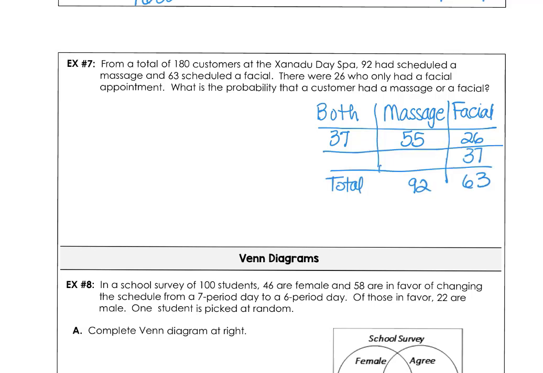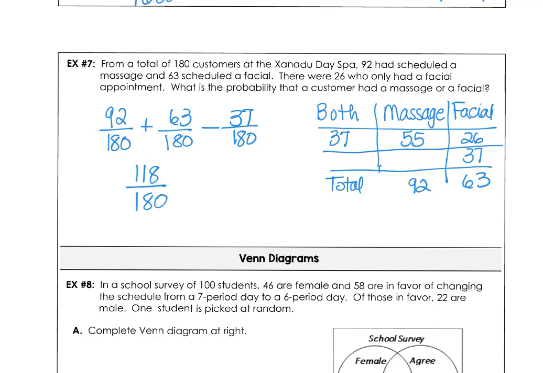So in this case, we have 92 out of the 180 plus 63 out of the 180, but the overlap would be 37 out of 180. That leaves us with 92 plus 63 minus 37, or 118 out of the 180, which can be simplified to 59 out of 90.